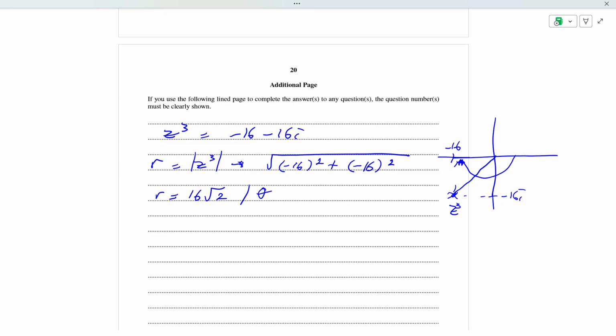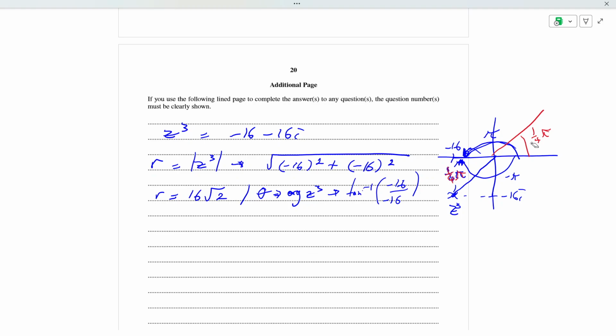So going back, this is negative pi, and then in the anti-clockwise direction, that's positive pi. If you put the argument of z to the 3, it will be tan inverse of negative 16 over negative 16, and we would get a quarter pi. But remember, the quarter pi is here, not this one.